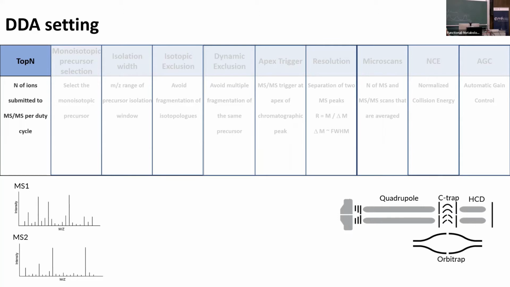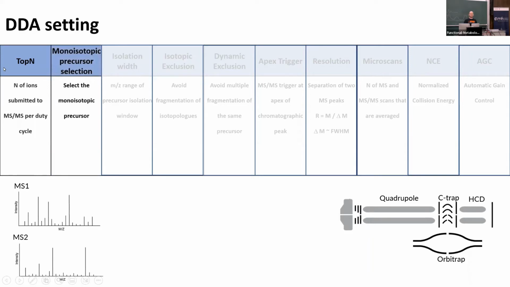And even worse, if you wait too long between the last MS to be triggered and the precursor scan and you have really sharp peaks, then the odds are that the molecule you observed during your precursor scan is already gone, right? So there needs to be a somewhat reasonable number of top N. So this is really important. That's why I put it first here.